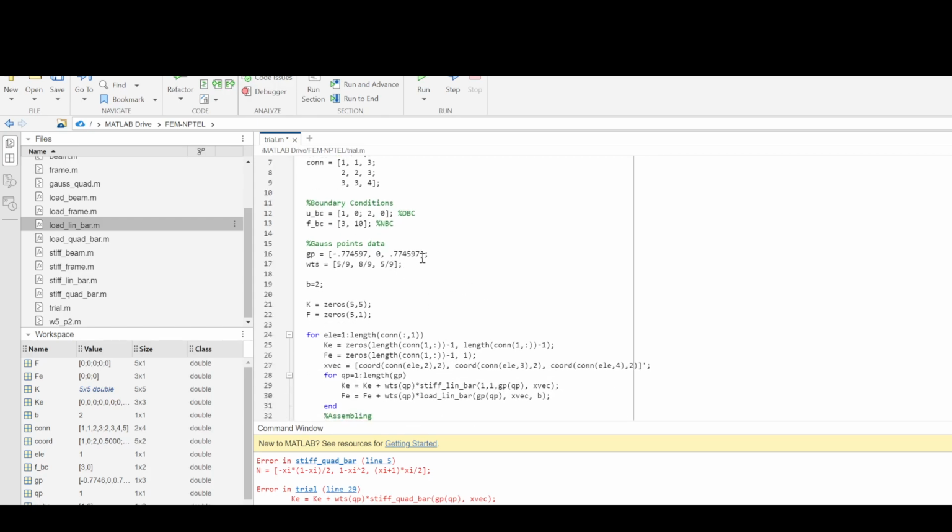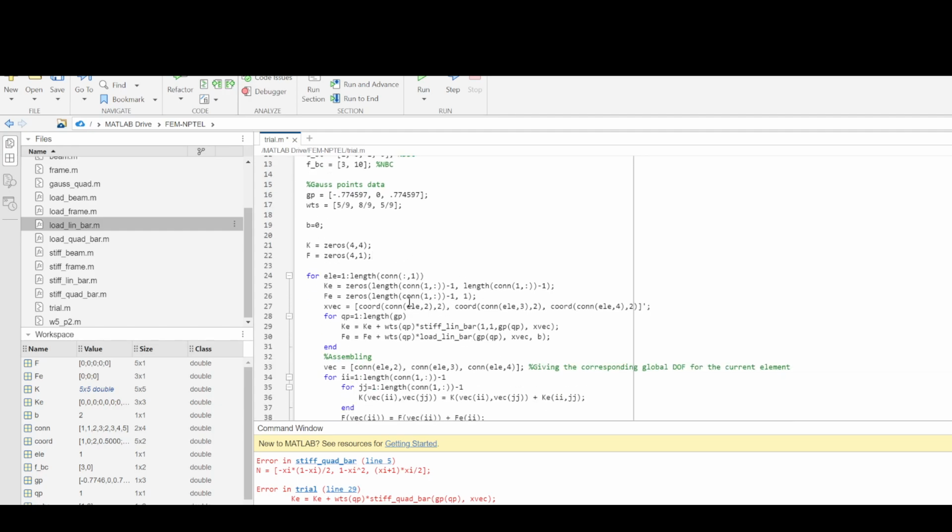Then we keep the same Gauss points and Gauss weights. B for us is 0, and K would be a 4 by 4, since we have 4 nodes in total. Now our loop starts over the elements.